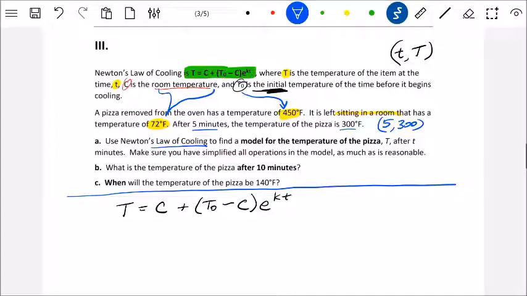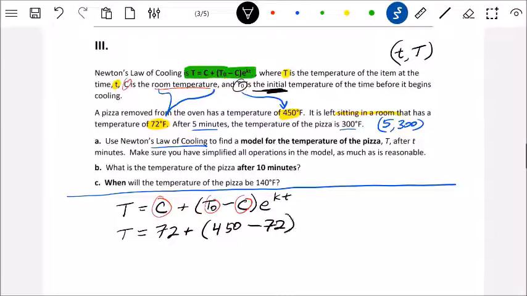So we know some of that information, right? So let's put in what we have to work out here for part of it. So I should know these three right off the bat. That means that the temperature is equal to the room temperature, 72, plus the initial temperature, 450, minus the 72, raised to e^(kt).